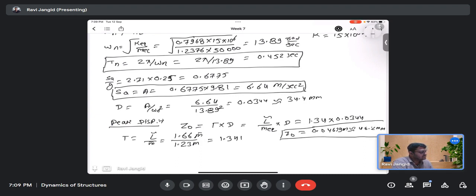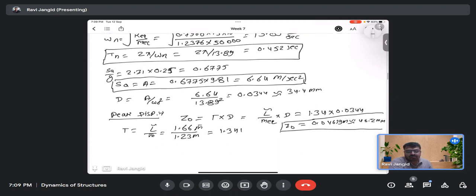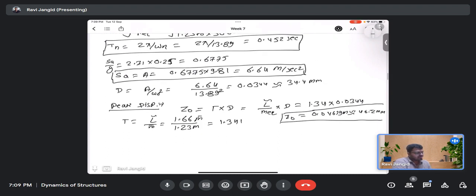So now we need to determine each quantity. The first one is the floor displacement.